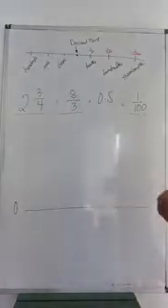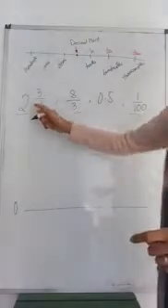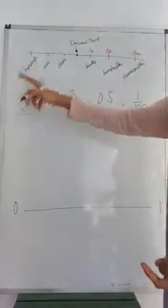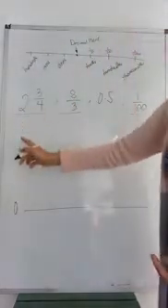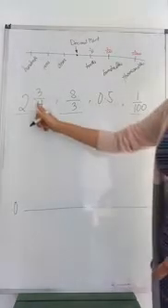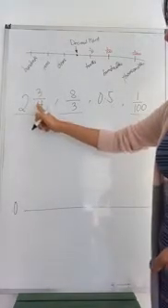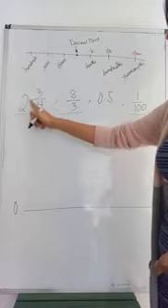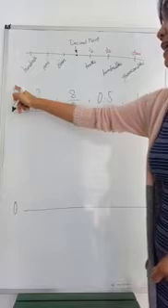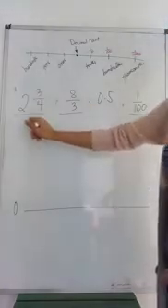This, you have to remember how we convert a mixed fraction to an improper fraction first, then we convert it to a decimal. What we need to do is multiply our denominator 4 by 2, so 4 times 2 is 8, and 8 plus 3 is 11.